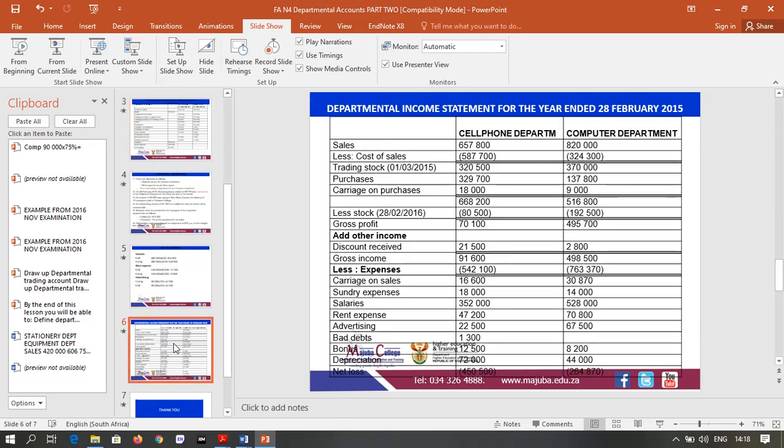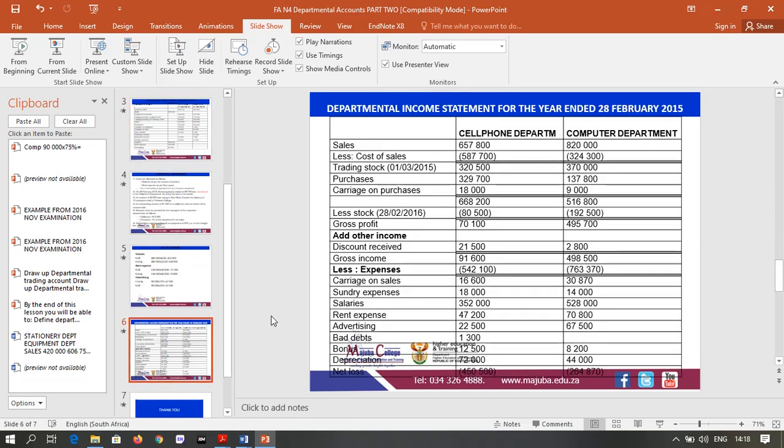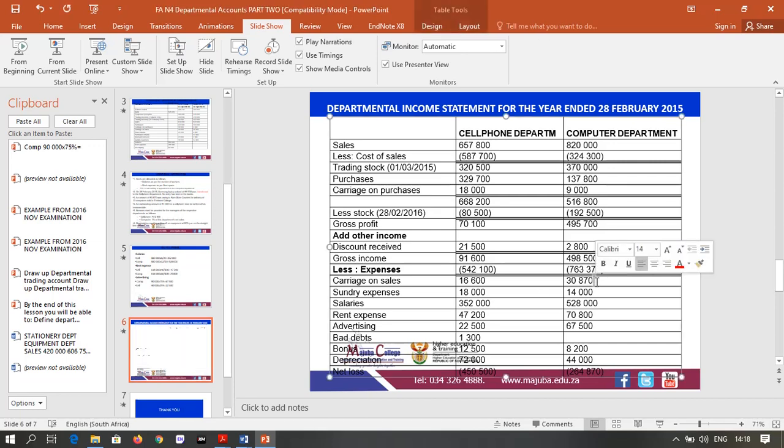We didn't pay that amount, so we need to add it. We say plus 25,000 with the amount we're still owing, and that's why we have 30,870.